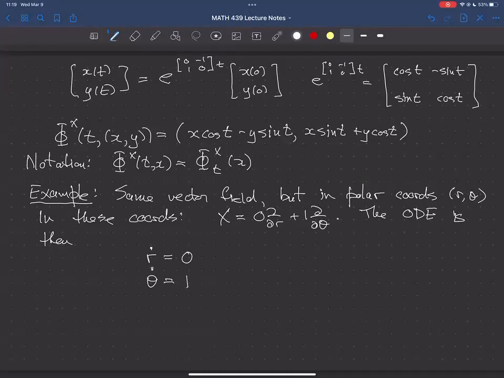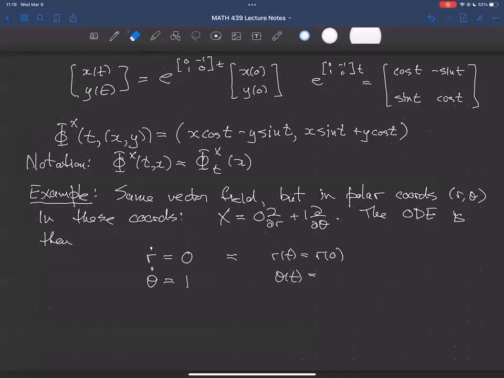Now I definitely do not claim that that's a difficult differential equation to solve. So r of t is r of 0, and theta of t... And you have to be careful that theta is only defined from minus pi to pi, and so as you go through pi, you have to take care of that. But in any case, this is theta.